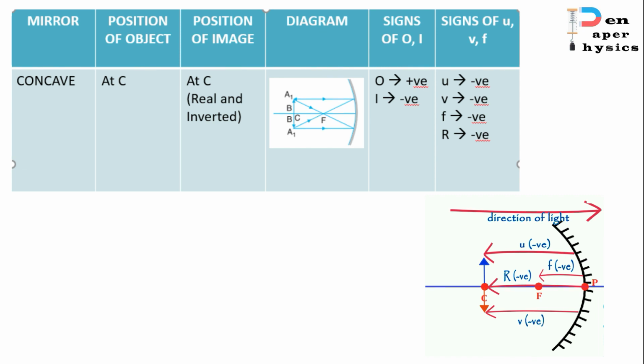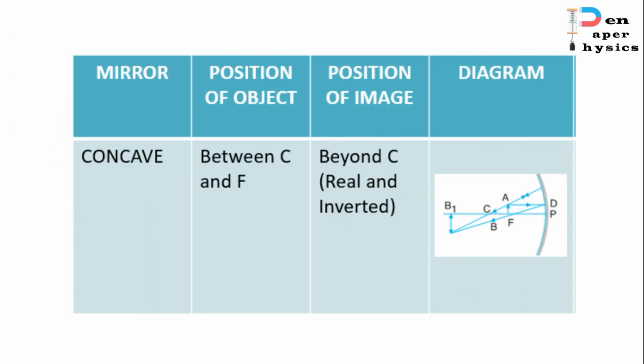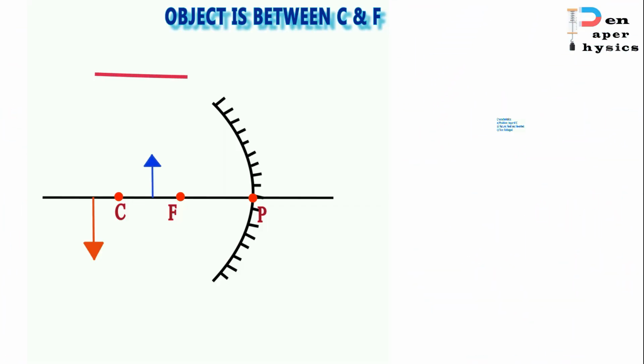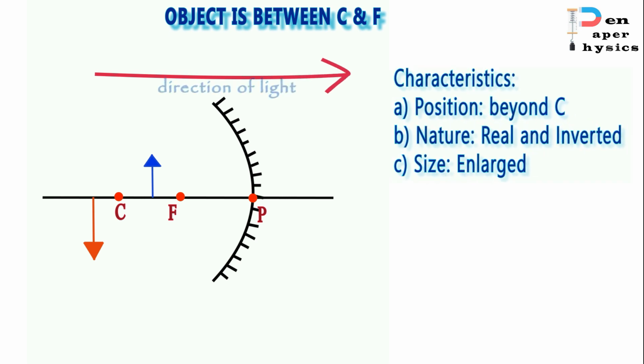The next case that we are going to study is the object between C and F. First, we will take the direction of light, which is towards right. To find U, we have to move towards left, so U is negative. For finding V, we have to move towards left, that means towards the negative x-axis, so it is negative.